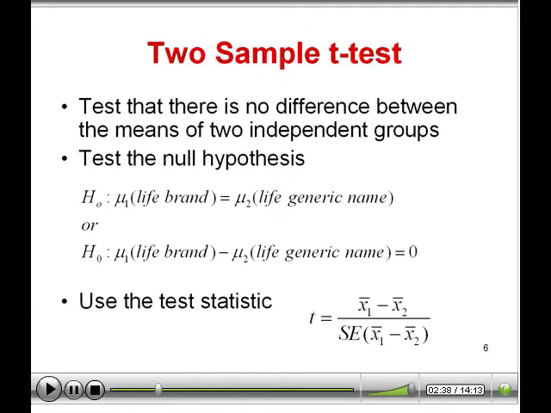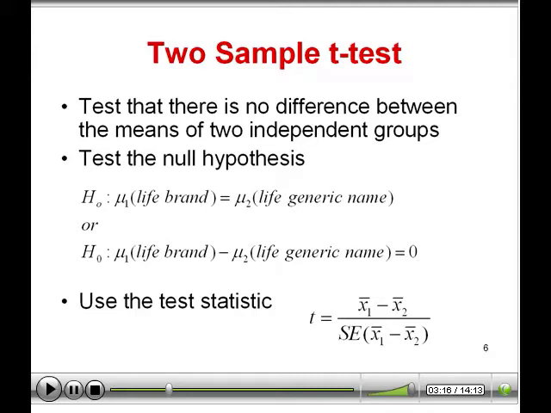The significance test we will want to run will have the null hypothesis stating that the two population means are the same, or equivalently, that the difference in the means is 0. The secret will be to calculate the t-statistic that in the numerator has the sample difference minus the hypothesized difference. Since the hypothesized difference is 0, the numerator of t is simply the difference in the two sample means.